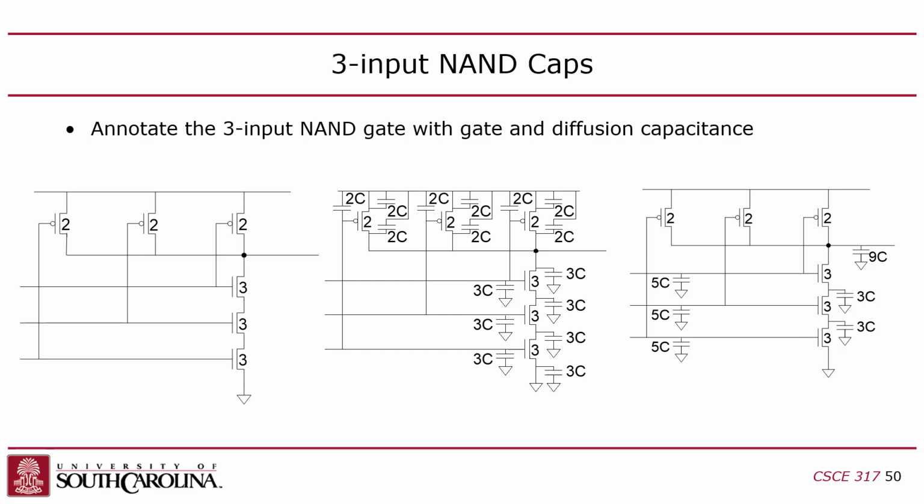So this guy is going to see 5C because of the 3 for the pull-down transistor and 2 for the pull-up transistor. Okay? So this is the equivalent RC model. And again, basically all I did is I eliminated some of these redundant capacitors that were on the drains because they're both at the same voltage, and then combined other ones that were in parallel, right? That's it. That's all you do there, right?